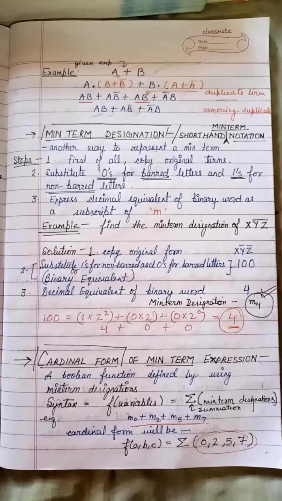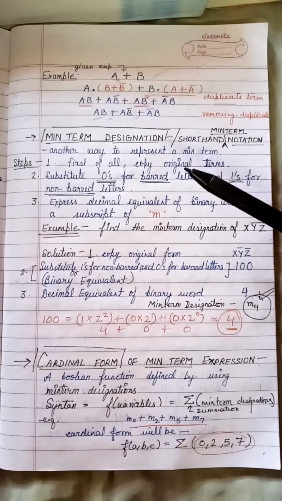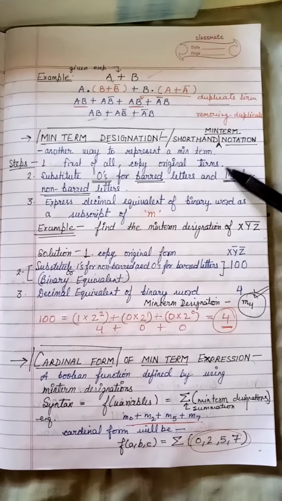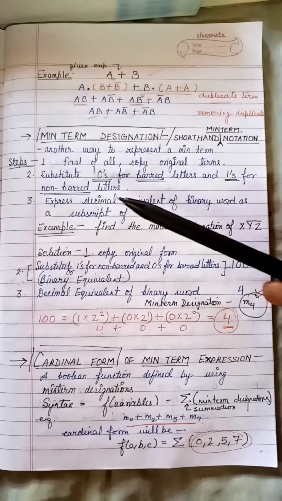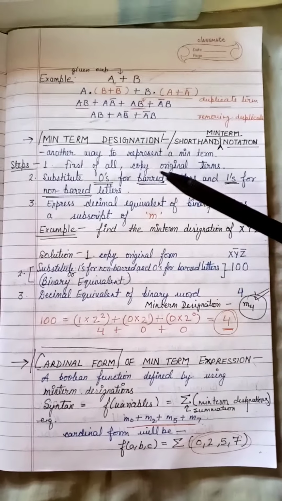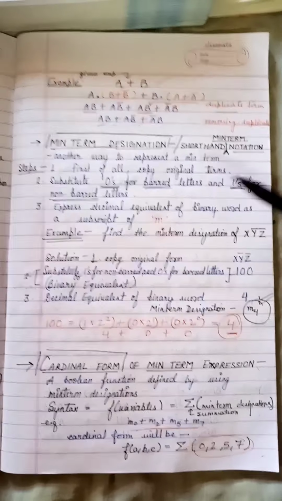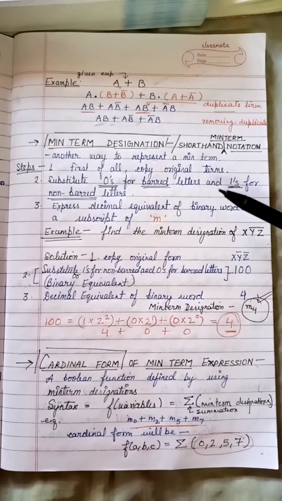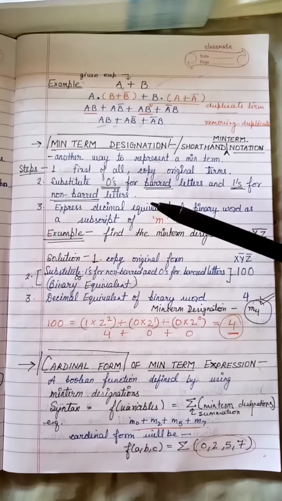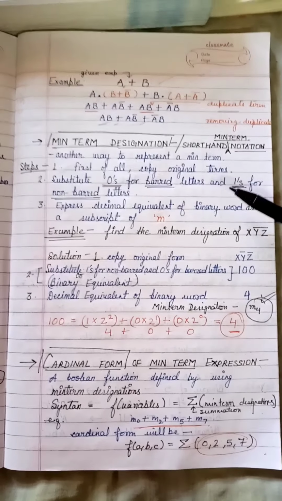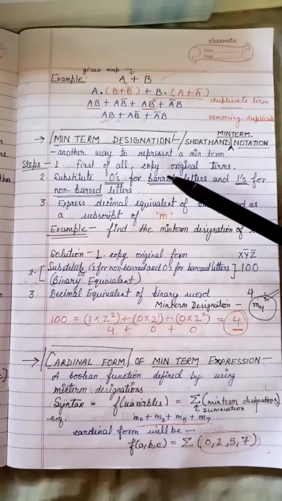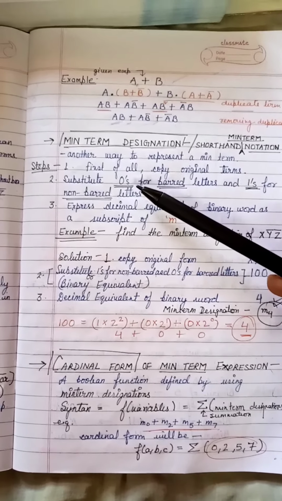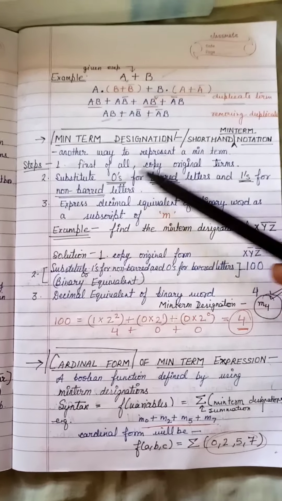Step 1 will be, first of all, you will copy the original terms. Then you will substitute zeros for barred letters and ones for non-barred letters. Means for a simple literal or variable you will write 1, and for a complemented literal you will write 0.